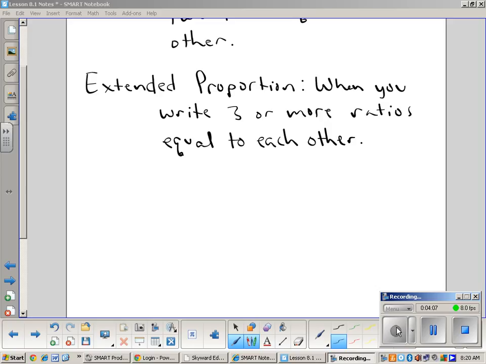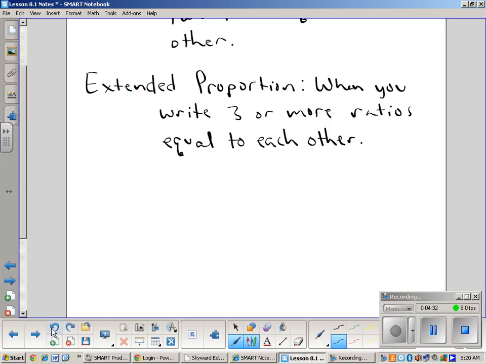How many sides does a triangle have? 3. And so if we're comparing two triangles together, then when we compare each corresponding side, we'll end up with 3 ratios. Okay? And not to let the cat out of the bag, but those 3 ratios will have to be equal to each other. And that's an ideal example of where we're going to use extended proportions.